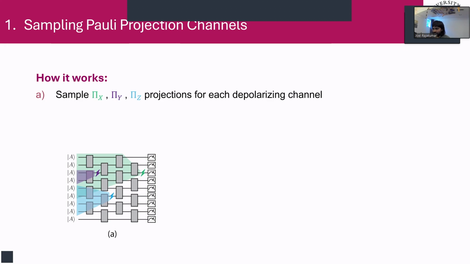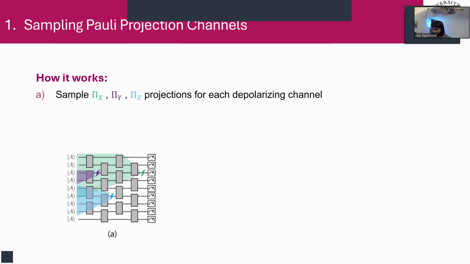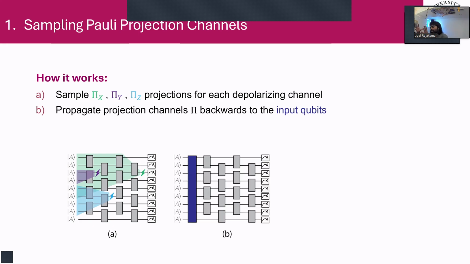So now this gives you an idea of how you could simulate this. For all of these noise channels in your circuit, you flip a coin. With 1 minus gamma, you do nothing. With gamma, you sample all the projection channels. Once you do that, as shown in the diagram here, since this is a Clifford circuit, you can propagate these channels to the beginning, where they stay Pauli projection channels, but now they become very non-local, right?